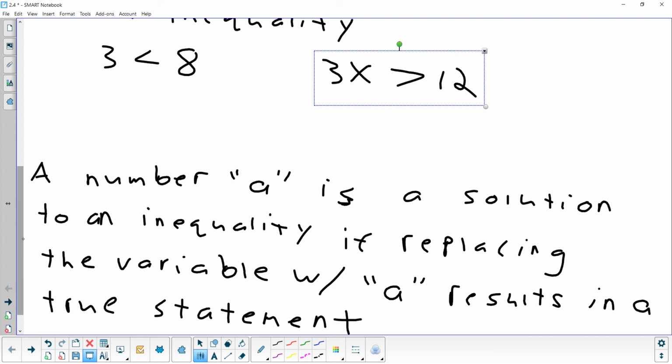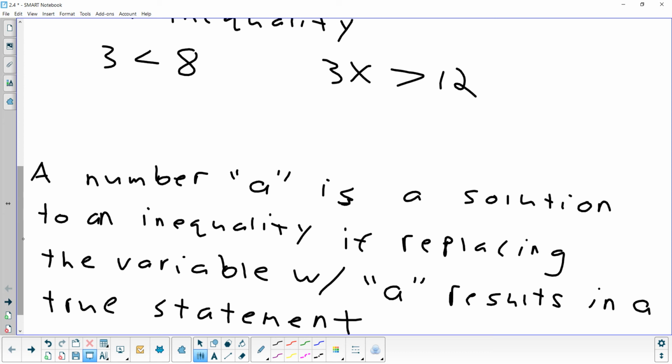I would plug 5 in for the variable and see if I get a true statement. So let's try it. Let's plug 5 in for x. Francesca, if I plug in 5 for x, what do I get? 15. Yeah, 15, and then greater than 12. Is 15 greater than 12? Yes. So 5 is a solution.